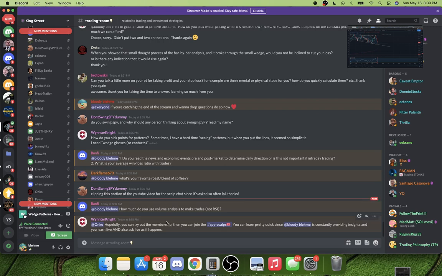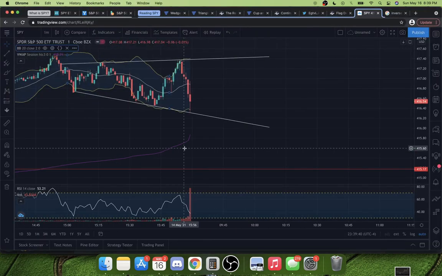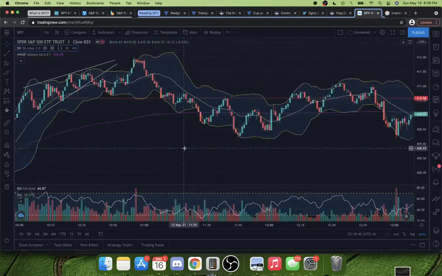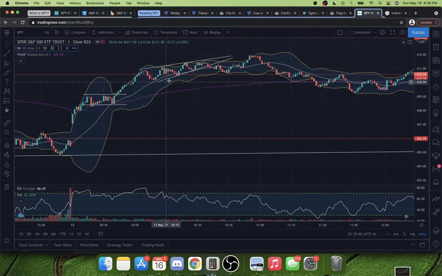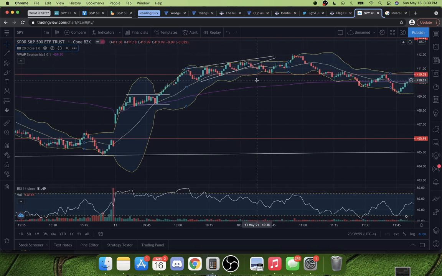I'm using volume when I'm looking at breakouts and consolidation. If I'm looking at a weakening consolidation in a rising wedge, for example, and this has weakening volume here, this is just an example because it's not a perfect scenario for what I'm explaining.